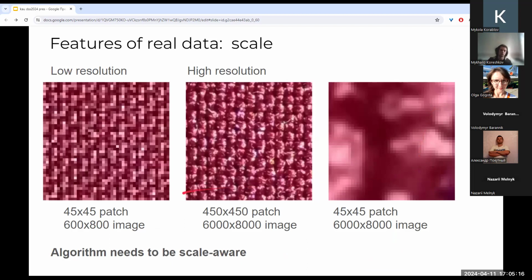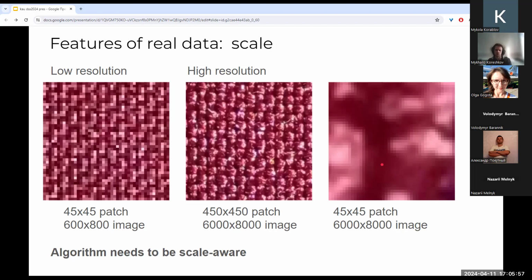Depending on resolution, in the first case this is a bunch of threads, so we can see even some macro structure, and we can use it to define what is a cloth, what is a textile tissue. In the second case we have a 10 times larger linear scale, so 100 times more pixels, and the same 45 by 45 patch is telling us practically nothing.